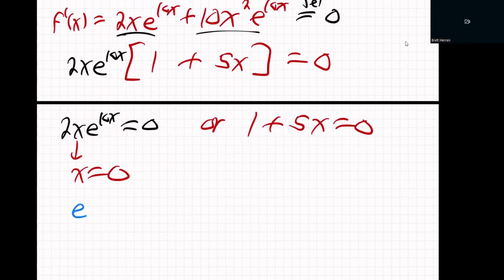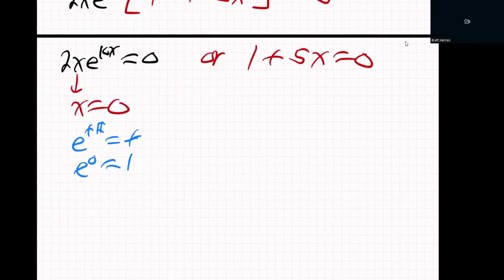Let me show you. You do e to a positive number, it's going to be positive. You do e to 0, it's 1. You do e to a negative, like -2, it's just going to be 1 over e squared. It's still some positive thing. It's never 0, it's never negative.